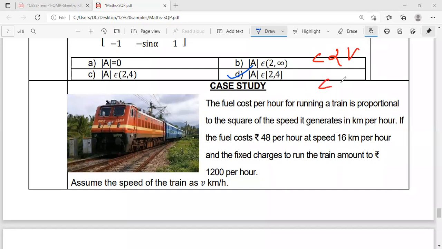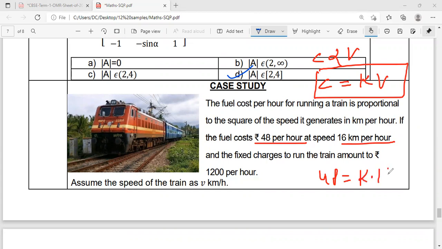So I can say that the fuel cost, which I'm representing by C, is equal to K into V. If we remove the proportionality sign, we use a constant. We are given a fuel cost of 48 per hour at a speed of 16 kilometer per hour, so 48 equals K into 16. So what is K?